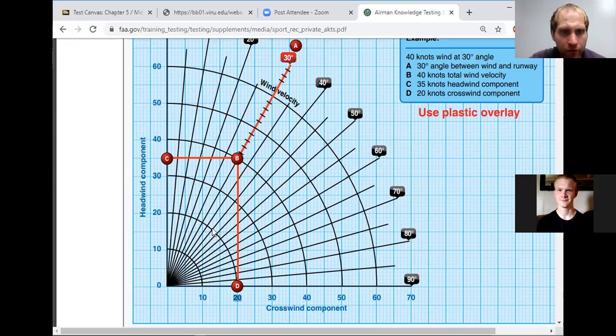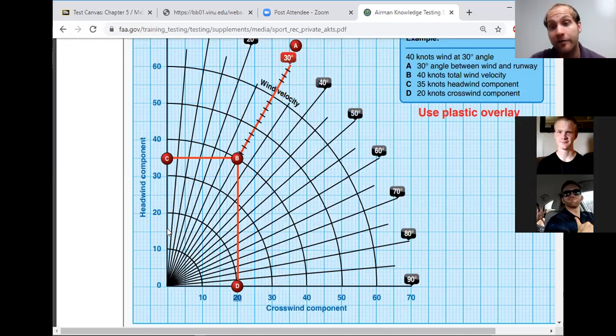Whereas if I would have moved straight to the left, I would have found about 16 knots of headwind. The question says my airplane has a maximum crosswind component of 13 knots, and using this problem here, 40 angles straight down, I get about 13 knots of crosswind component for that particular example. If we were to run any of the other answer choices, we would find greater amounts of crosswind.